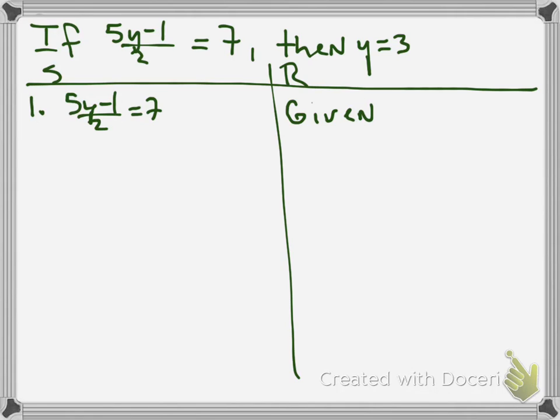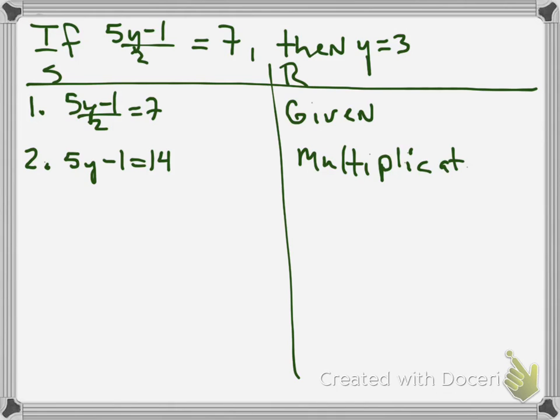You could show me that you would have 5y minus 1 equals 14. How did I do that? By using the multiplication property. Because right here, this should be the substitution step.